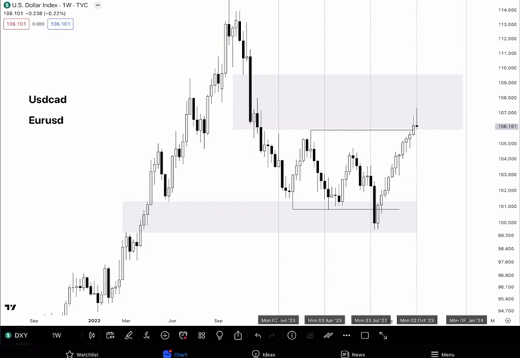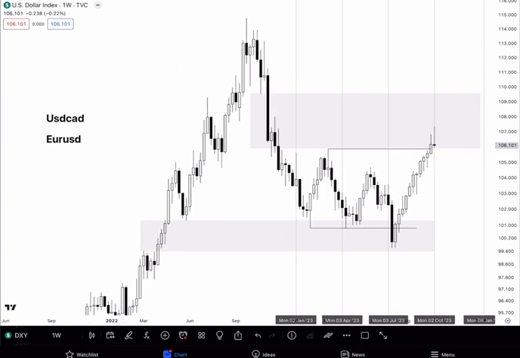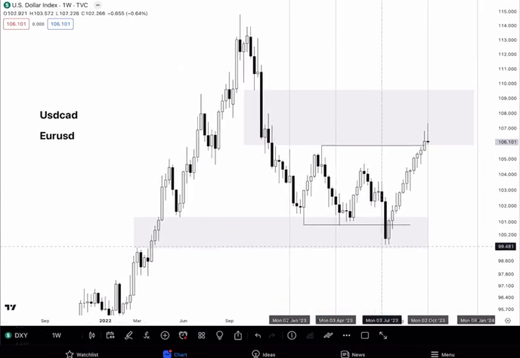You only need to catch one of these swings per year, especially if you're into asset management of large funds, then you only need one of these and you're set for the entire year. And I'll go in depth on both USD CAD and Euro USD in the coming days.